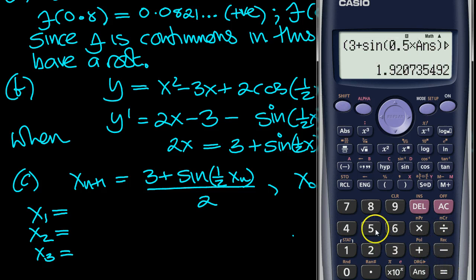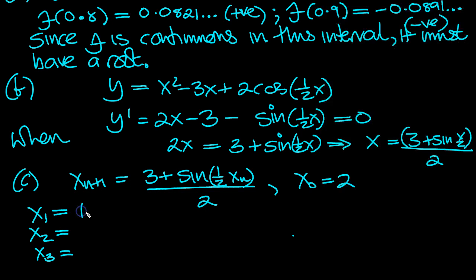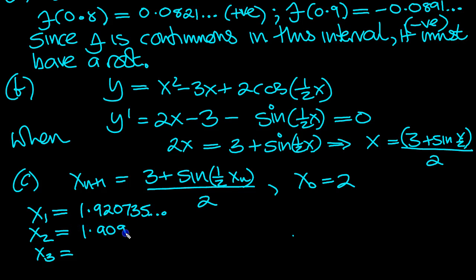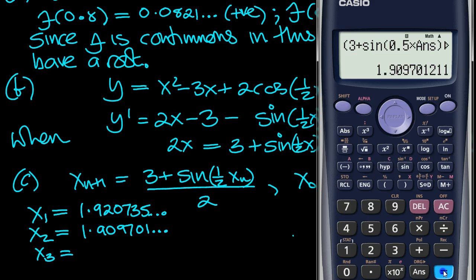If we press equals now, we'll get x1, 1.920735. Press equals again and that answer is inputted to get the next value, which is x2, 1.909701. Press equals once more and we get x3, 1.908113.